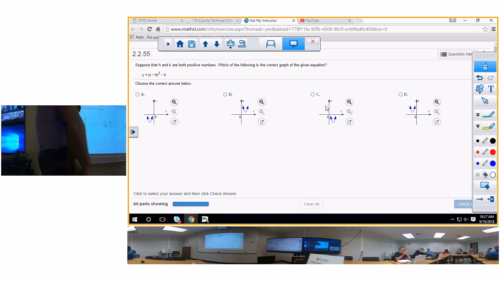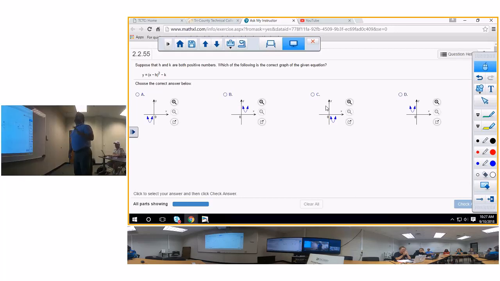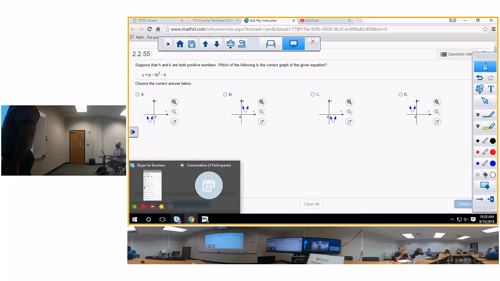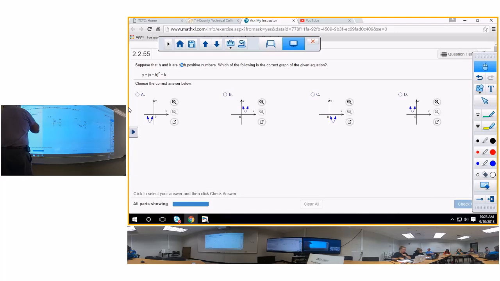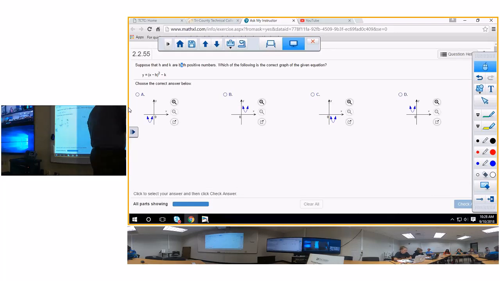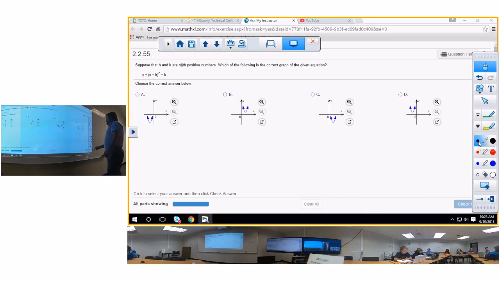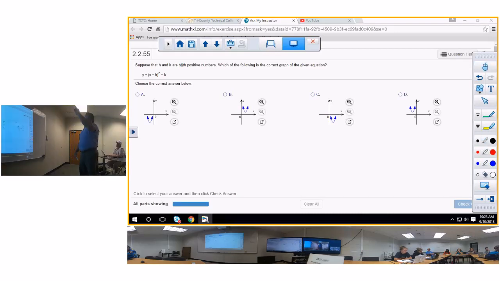All right, here we go. What do we got here? Suppose that h and k are positive. Everybody with me? Positive. So that means that the function is positive. This is a trick question. I don't like this question. It will not be on the test.